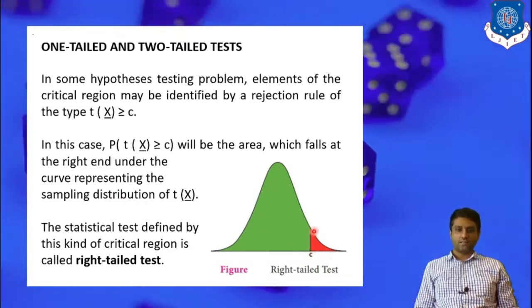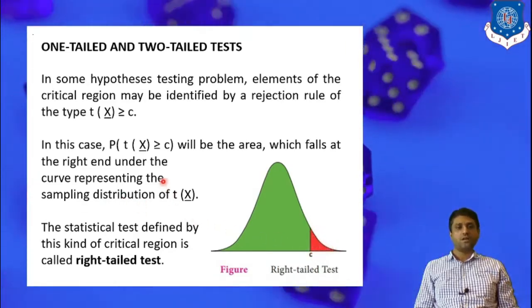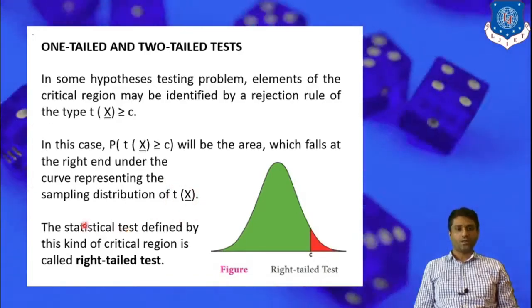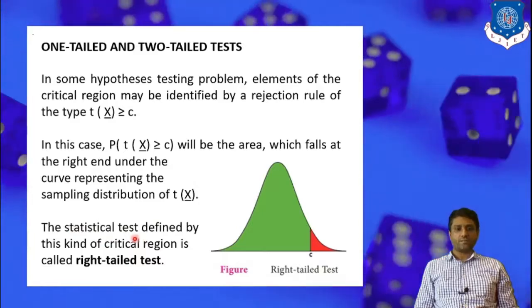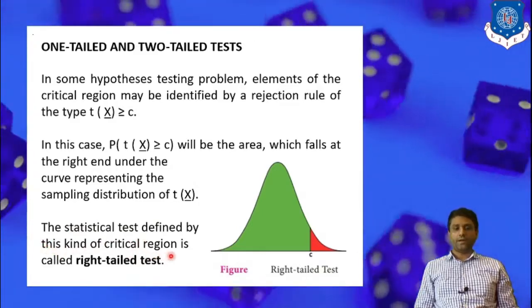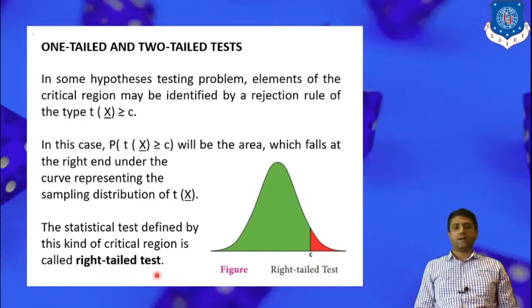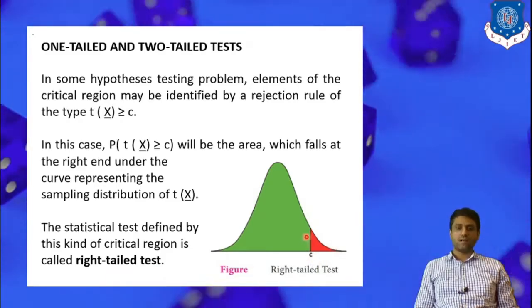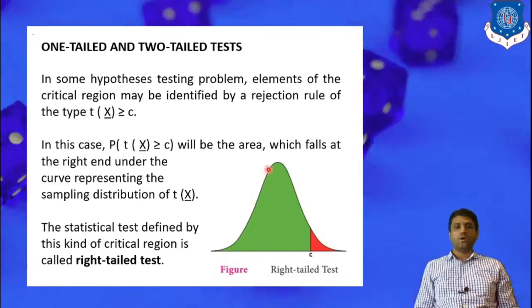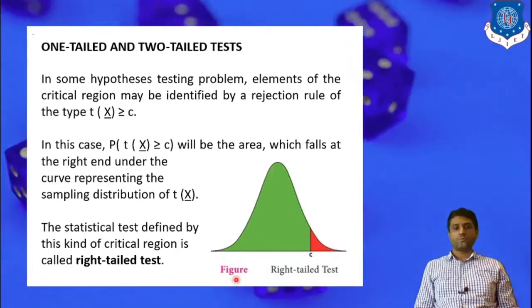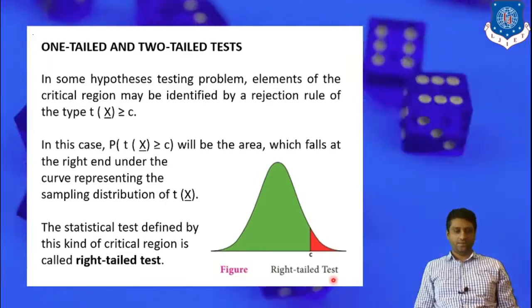This represents the sampling distribution of this particular T(x). So the statistical test defined by this kind of critical region is known as the right tail test, because it lies in the right hand side portion of this normal distribution. You have to clearly visualize from this figure the right tail test.